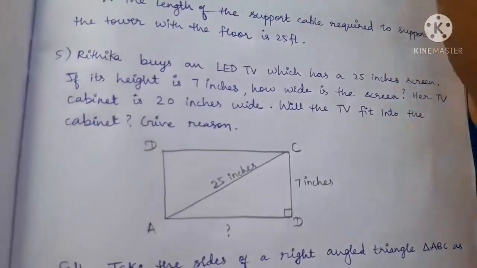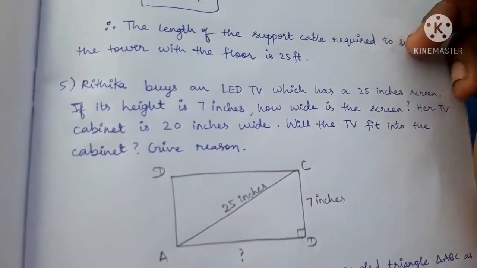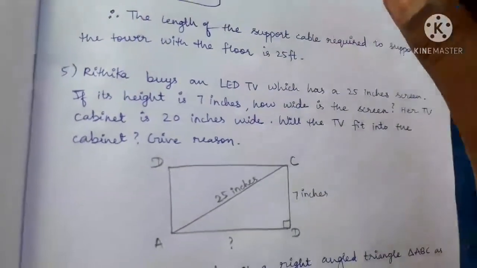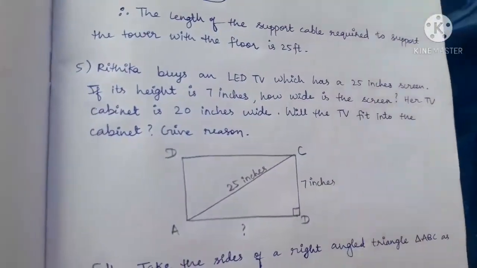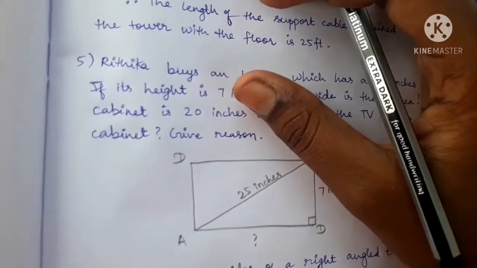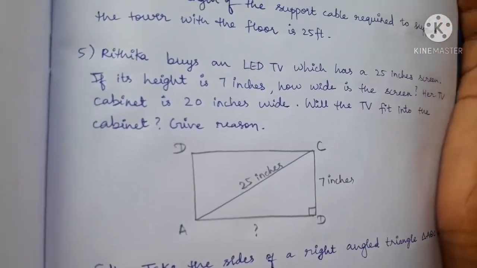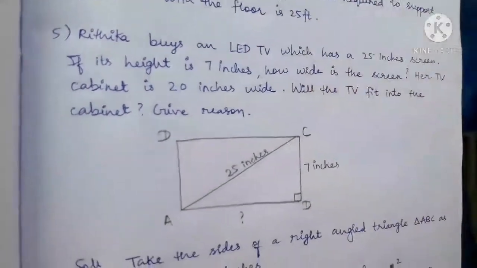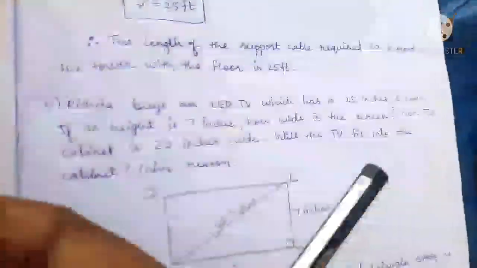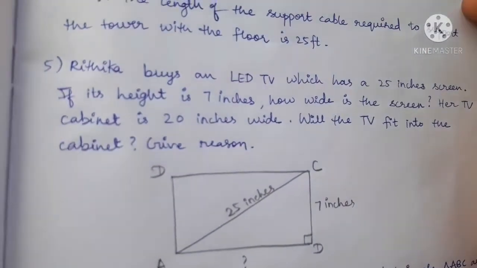Now the fifth question. Ritika buys an LED TV which has a 25 inches screen. Now it is very easy, but some common sense and logical thinking are needed here. See, when you go to a TV showroom, they'll show you a 32 inches TV, 45 inches TV, 50 inches TV, 55 inches TV. There are many. You have big LED TVs, but here she buys only a 25 inches screen TV.